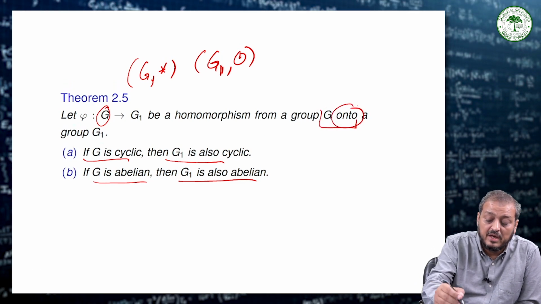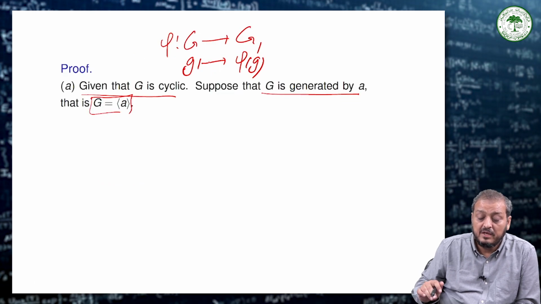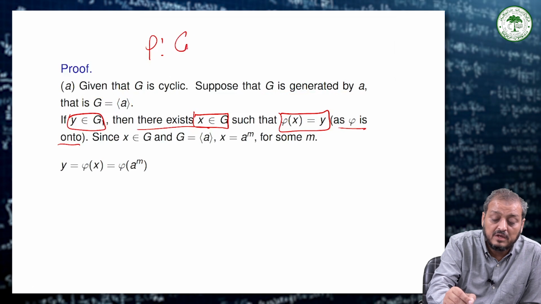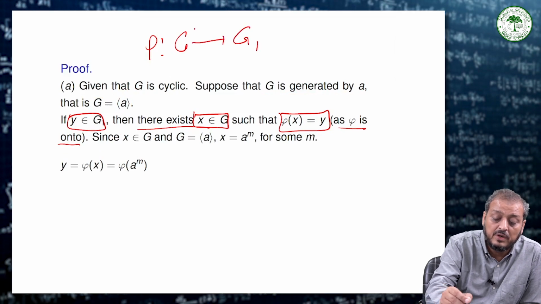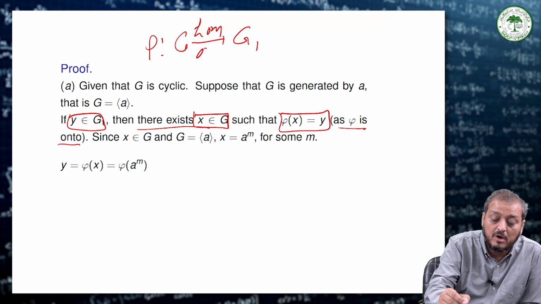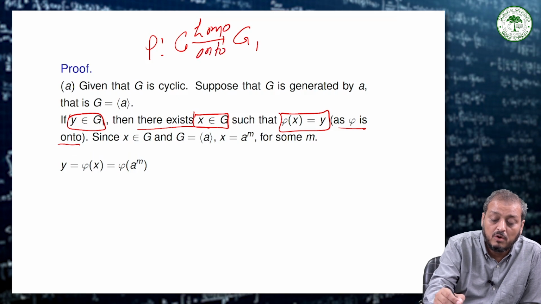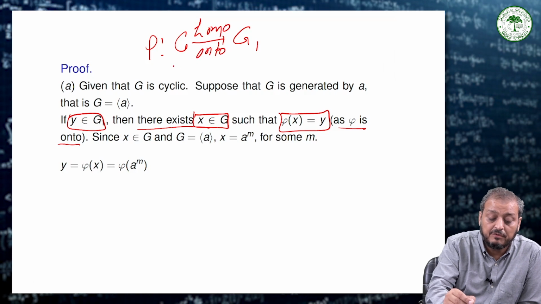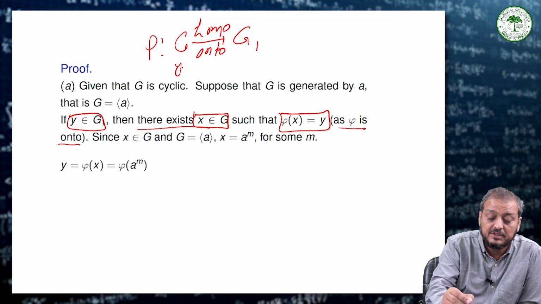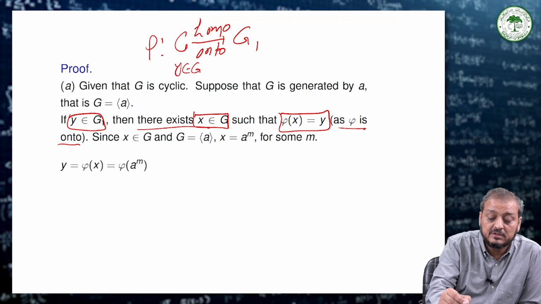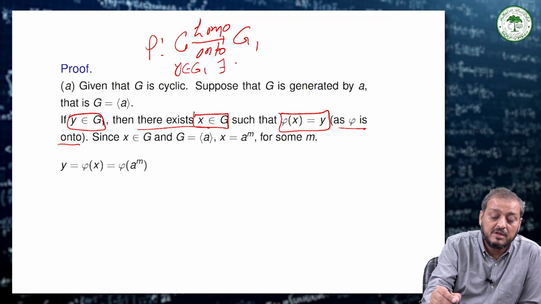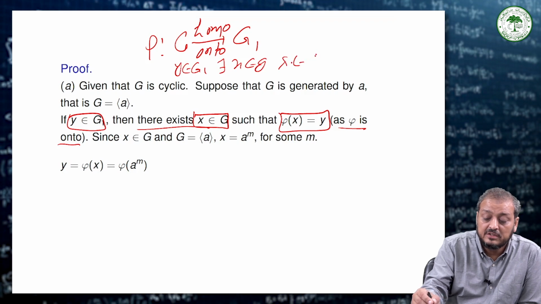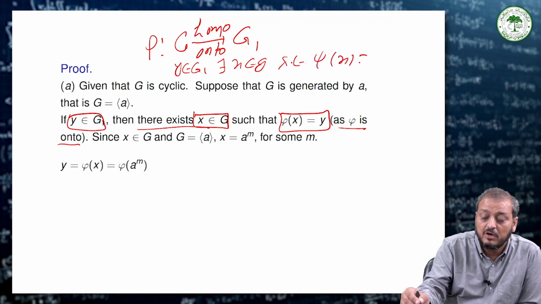Clearly, we are given that phi from G to G1 is a homomorphism and also onto. So, by the onto-ness, if we take any element y in G1, then there exists some element x in G such that phi of x must be equal to y.